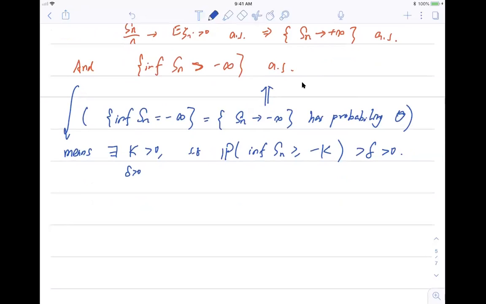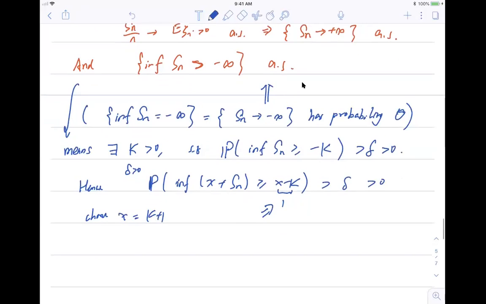Let's choose some x which is big, such that the probability that the infimum of Sn plus x is bigger than 0 is bigger than delta. We can choose x to be k plus 1.